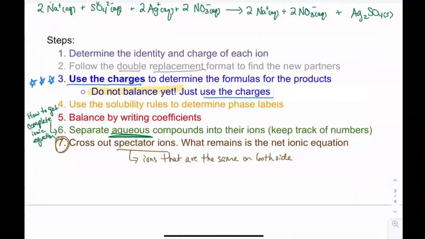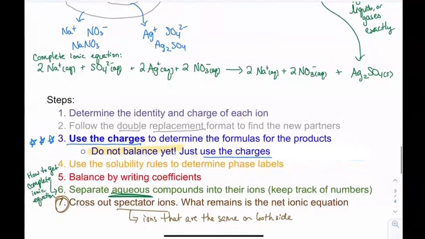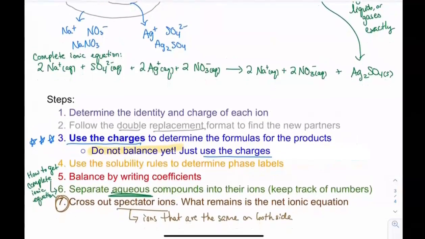They did not change. They're called spectators because they did not participate in the reaction. They were there and they watched, but they didn't do anything. So that's what we're going to look for. We're looking for things that are exactly the same on both sides, and we're going to cross them out of the complete ionic equation.